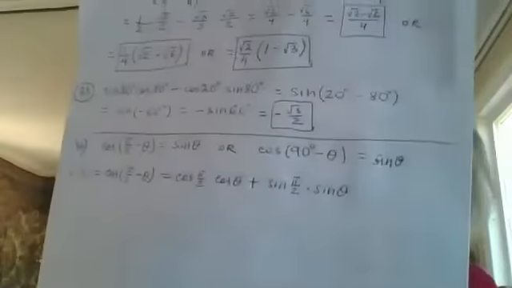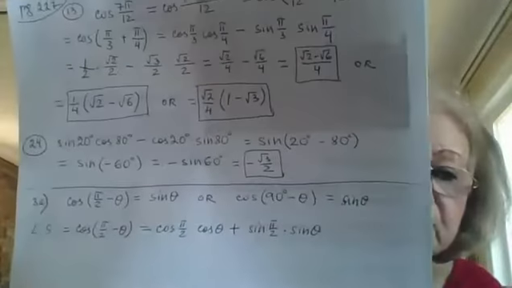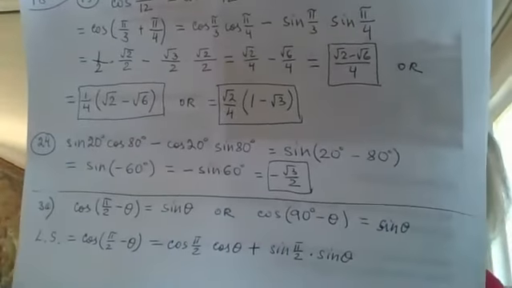With cosine of the difference we have on the other side a sum, which means I am placing plus, and I will continue with sine of alpha, which is sine of pi over 2, because alpha is pi over 2, times sine of beta, which is sine of theta. Please write it down.